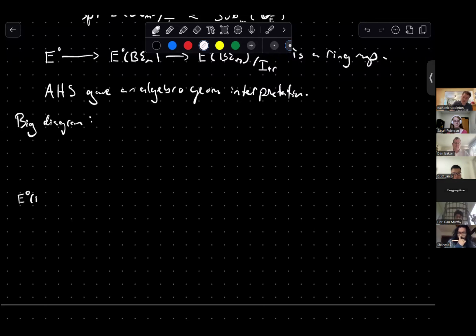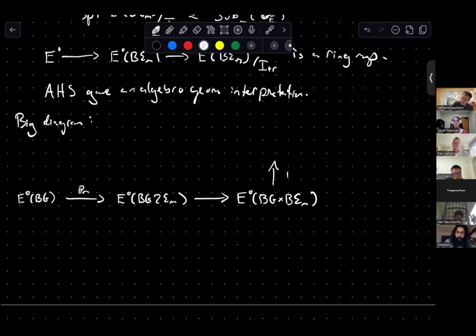So I've got the E-cohomology of BG. I've got my total power operation. This goes to the E-cohomology of BG wreath sigma M. I can pull back along the diagonal, so this goes to the E-cohomology of BG times B sigma M. And I can transfer, because I have transfers along surjections, along the projection from G times sigma M to G. This brings me back to the E-cohomology of BG.